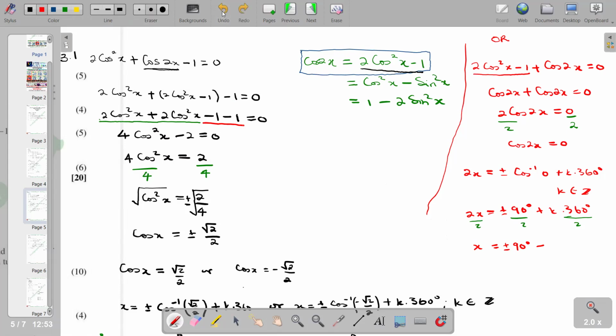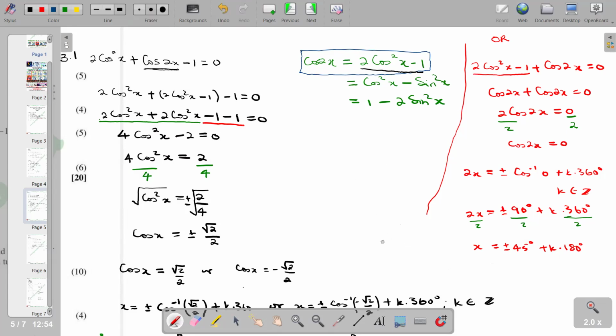When you divide the 90 by 2, it's going to be 45 degrees plus k. When you divide the 360 by 2, it is going to give 180 degrees.